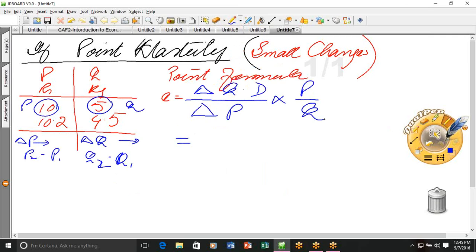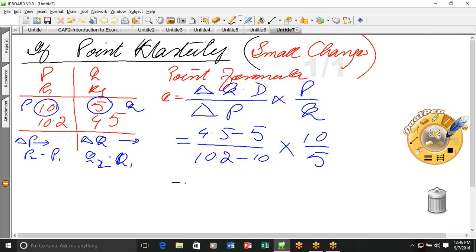Okay, delta QD and delta Q mean 4.5 minus 5, and 10.2 minus 10, multiplied by 10 over 5. So we can have easy calculation by subtracting: minus 0.5 over 0.2 multiplied by 2.